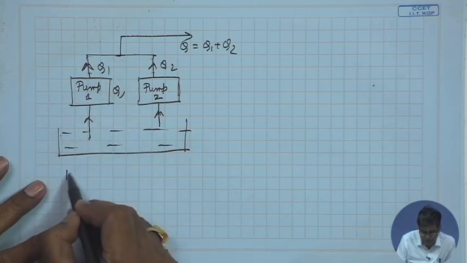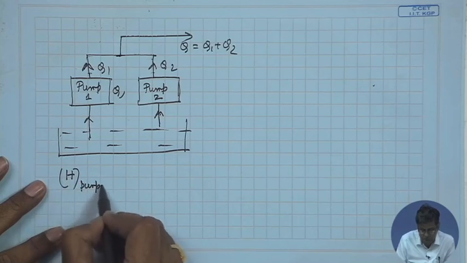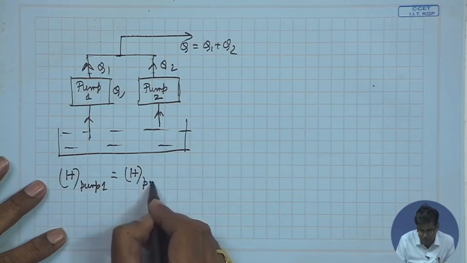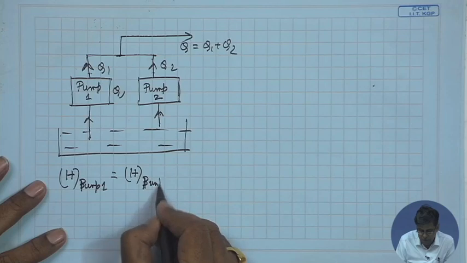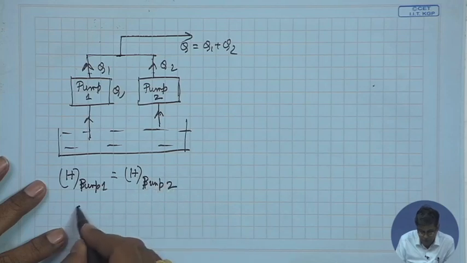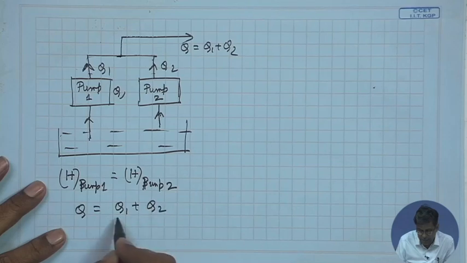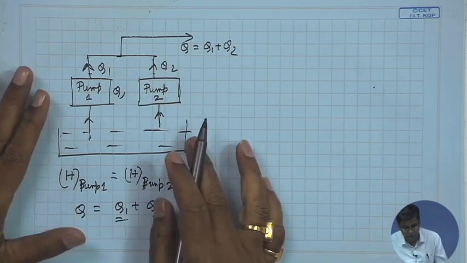So, H of pump 1, the head developed by pump 1, equals the head developed by pump 2, but the flow rates are added, the discharges of pump 1 and pump 2 give the final discharge. That is the pump in parallel.